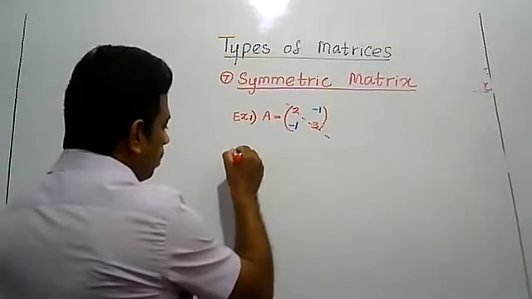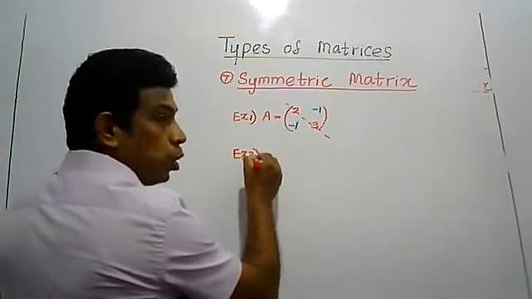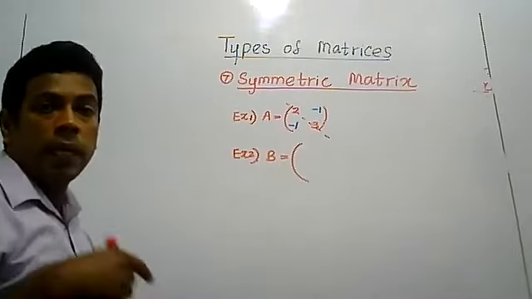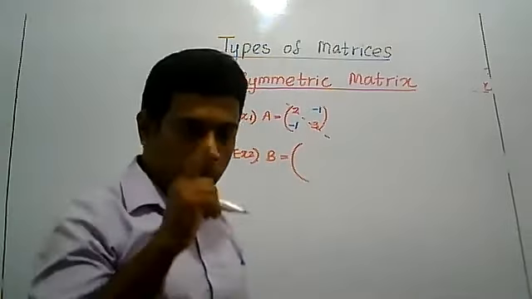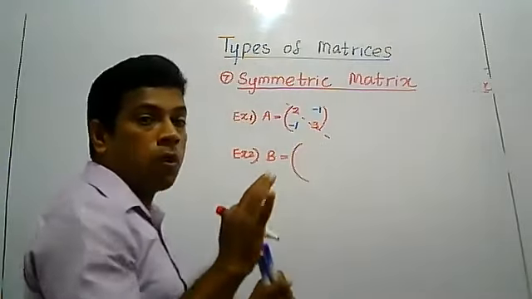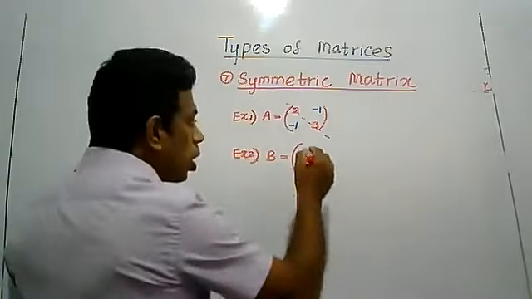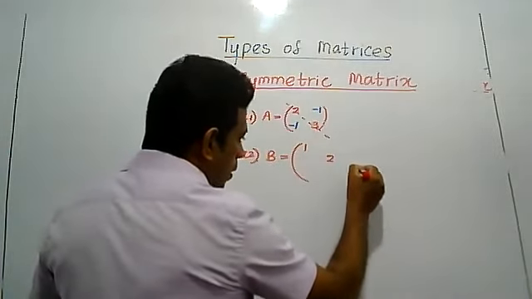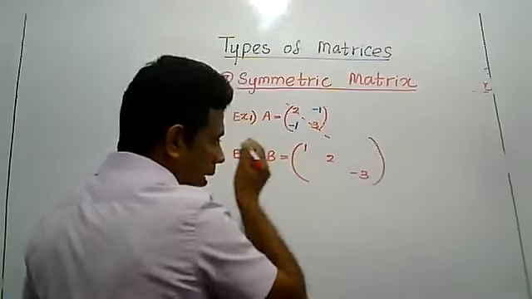Second example. Example 2. Matrix B, the next square matrix, is of order 3 by 3. Any elements can be represented in the main diagonal.